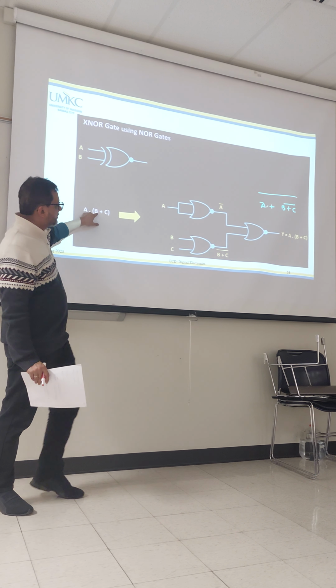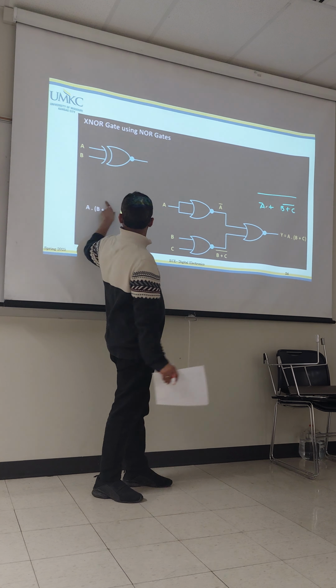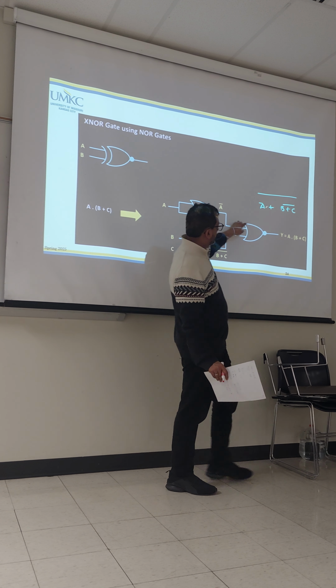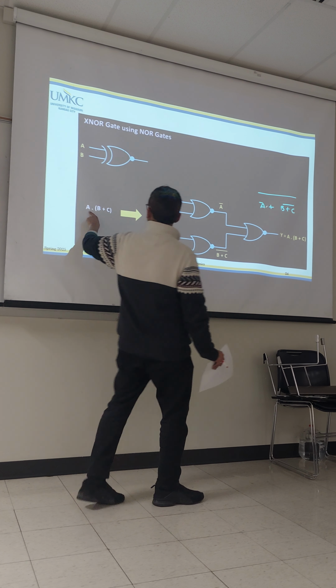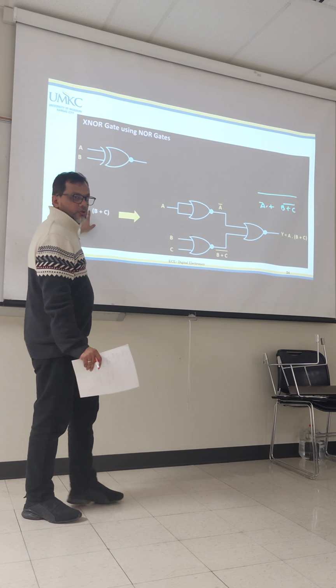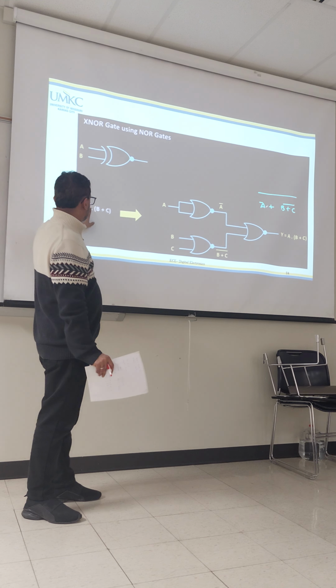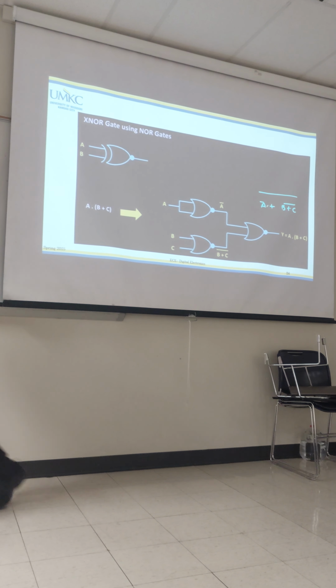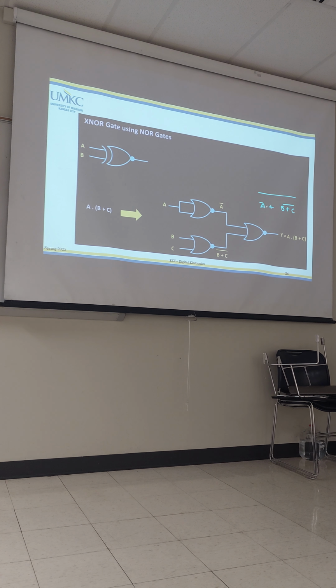So we have 3 variables here. We can give A bar and B plus C whole bar, and then we can implement this logic function. So to implement any 3 variable logic function like this, we need three NOR gates, right? Three NOR gates.